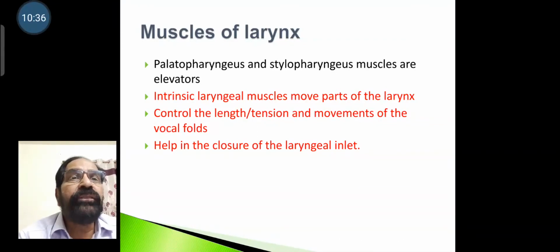Palatopharyngeus and stylopharyngeus muscles are elevators. Intrinsic laryngeal muscles move parts inside the larynx. They control the length and tension and movements of vocal folds, and they help in the closure of laryngeal inlet.